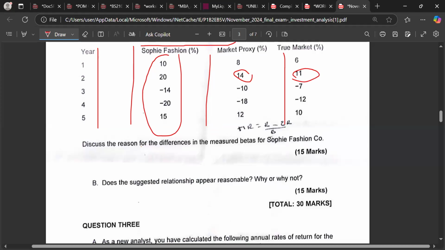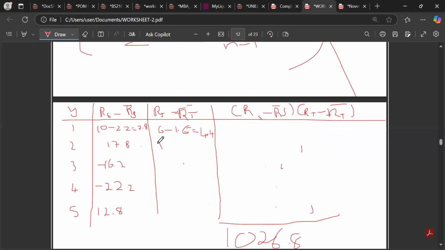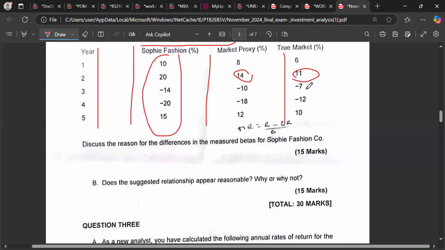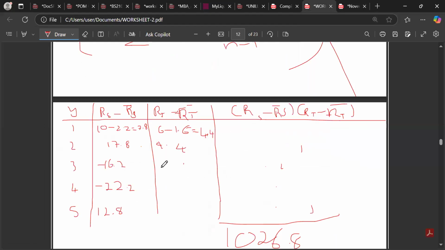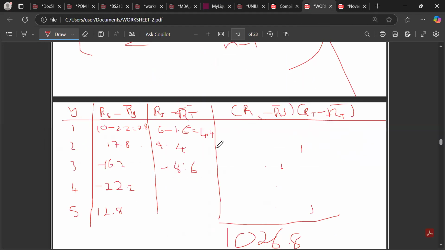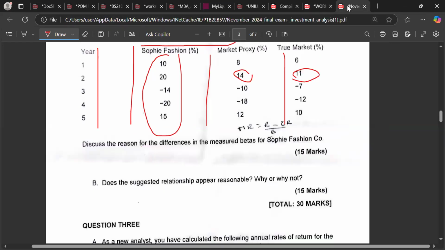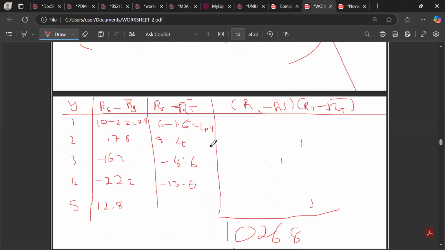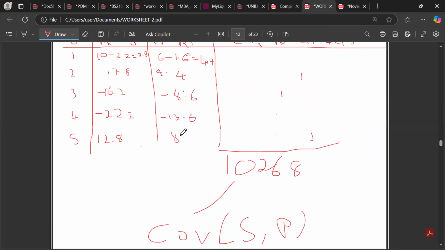Are we getting 9.4, right? The next one is going to be negative 7 minus 1.6 to give us negative 8.6. Then negative 12 minus 1.6 gives us negative 13.6. The last one will be 10 minus 1.6 to give us 8.4.